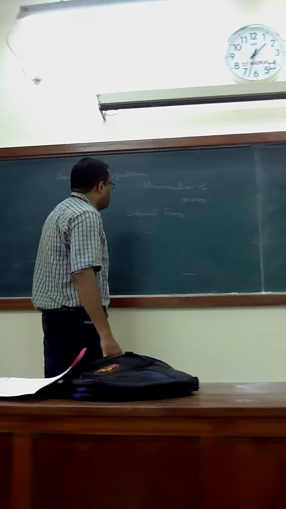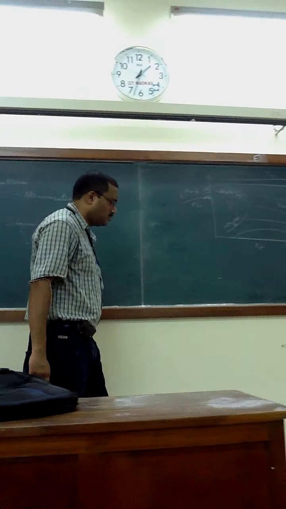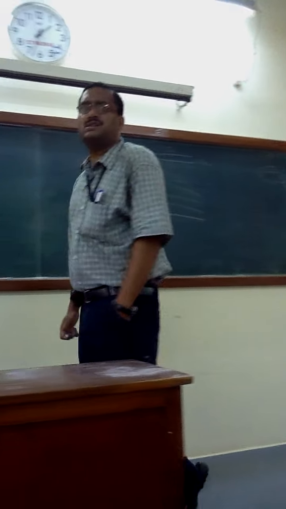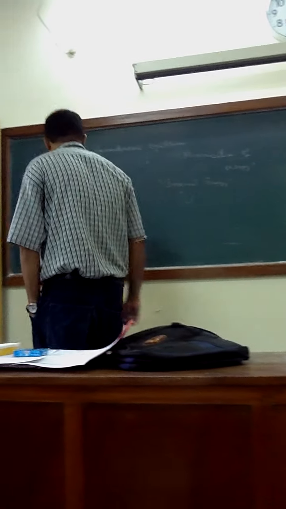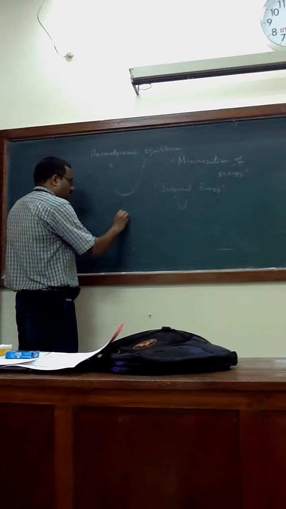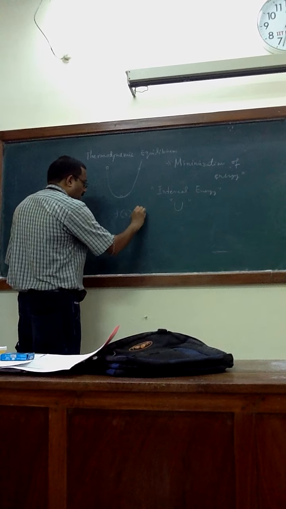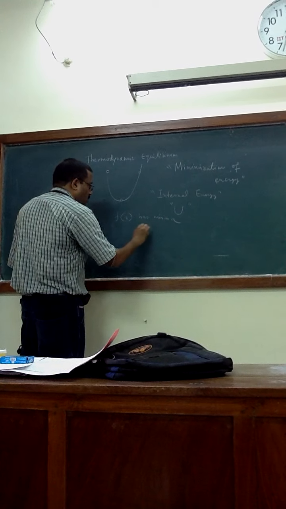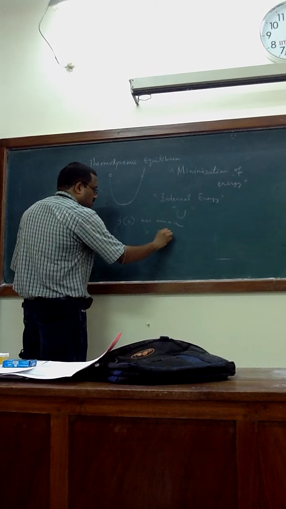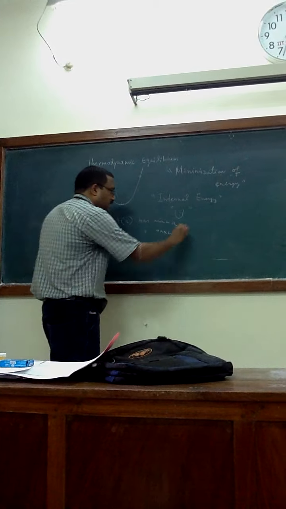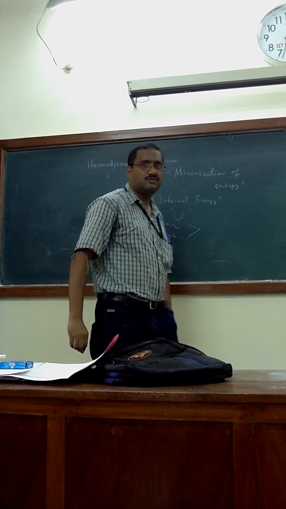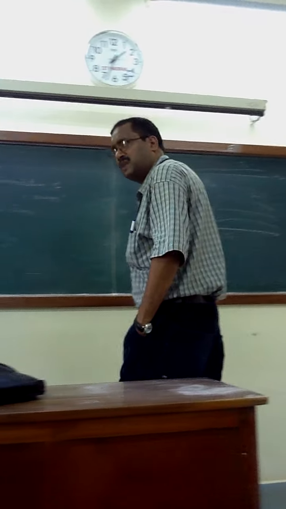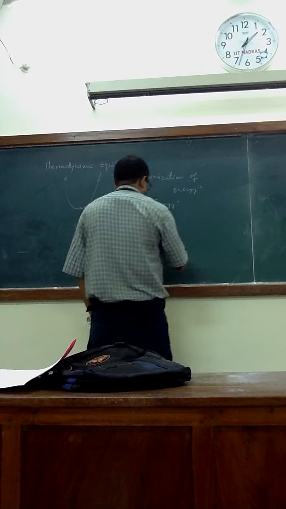So when we talk about minima, we again go to mathematics: minimization of functions. When I say function f(x) has minima or maxima, you always go and check something first. What do you check? Whether the derivative is 0 or not, f'(x) equal to 0 or not.